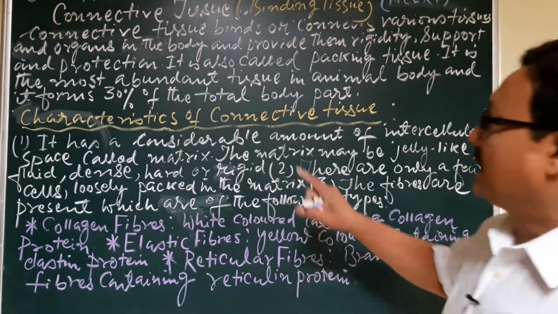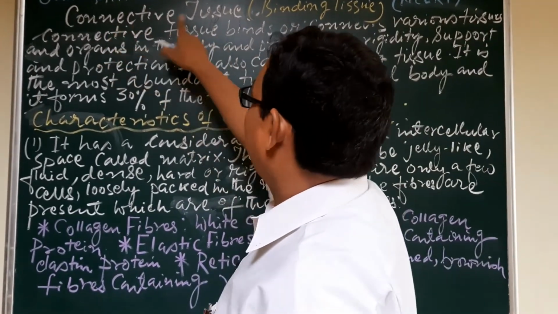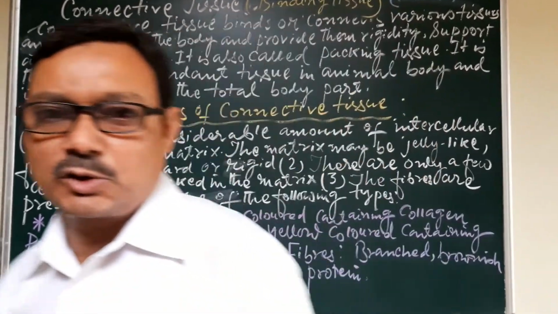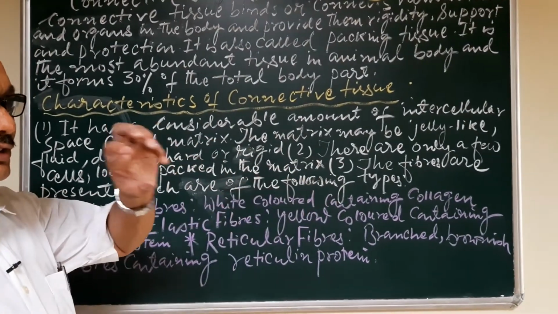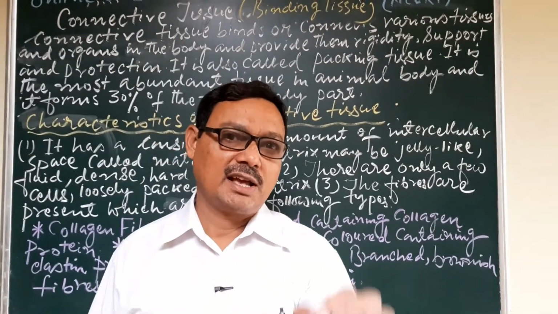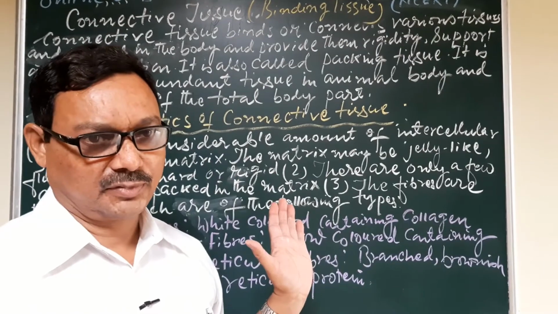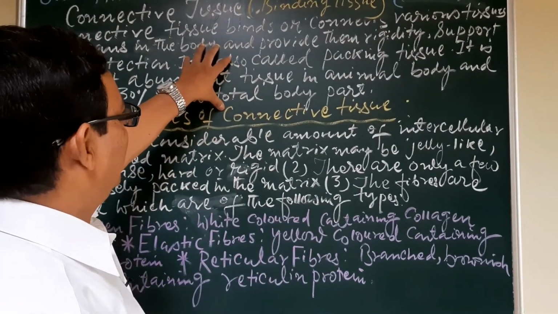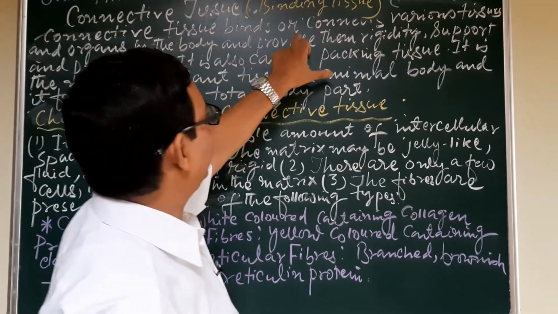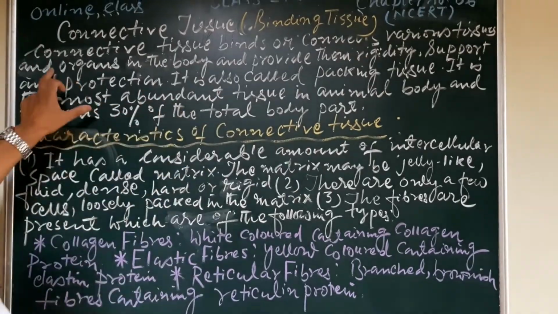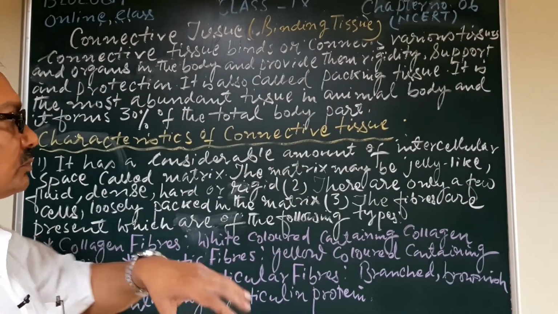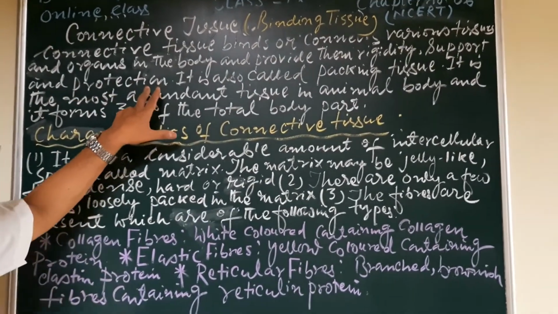We are now at the second important type of tissue of animals, that is the connective tissue. It is also known as binding tissue, because this tissue connects and binds the different tissues and organs of the body. Here some introductory points for this tissue: connective tissue binds or connects various tissues and organs in the body and provides them rigidity, support and protection.